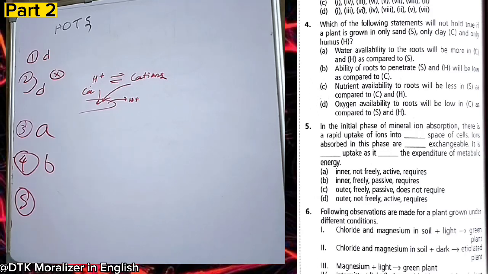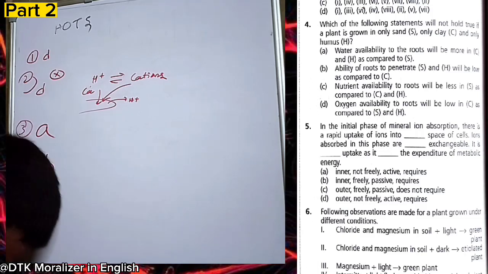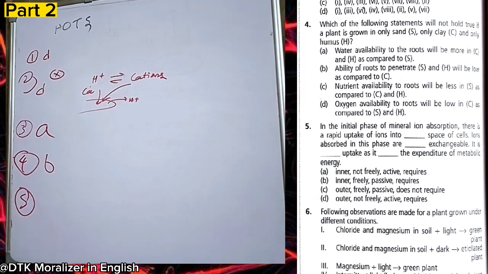Now question number 5. In the initial phase of mineral ion absorption, there is a rapid uptake of ions into dash space of cells. Ions absorbed in this phase are dash exchangeable. It is dash uptake as it is dash the expenditure of metabolic energy.